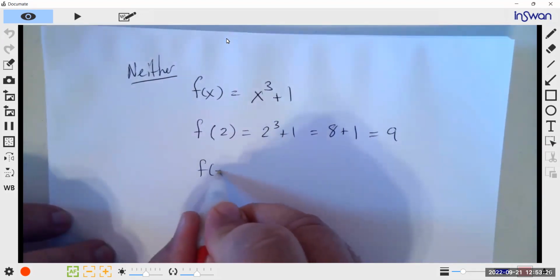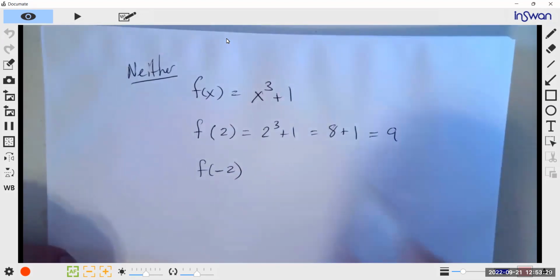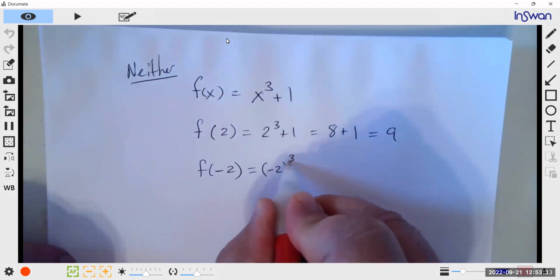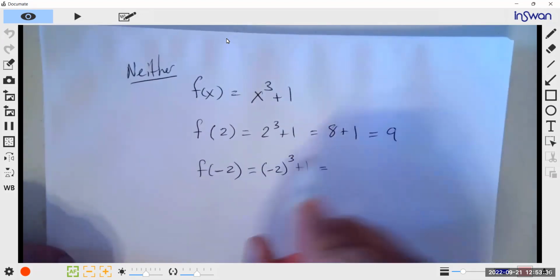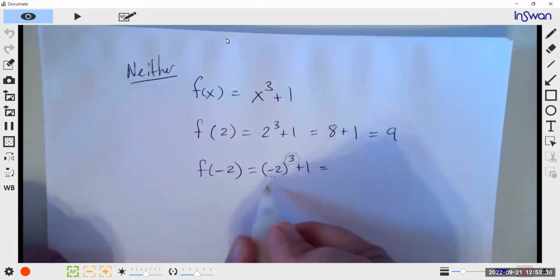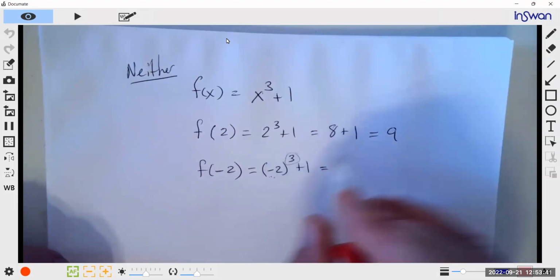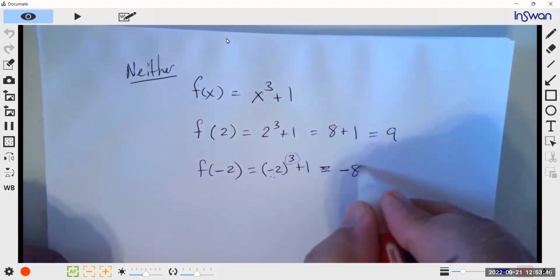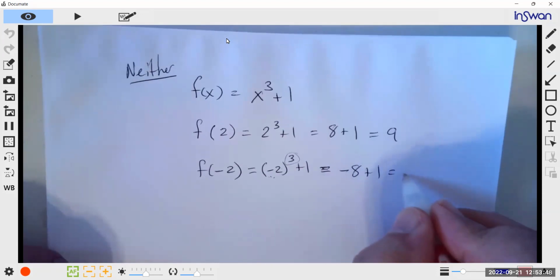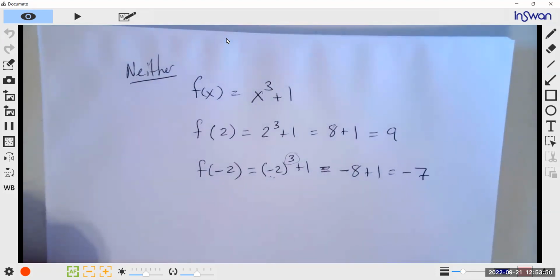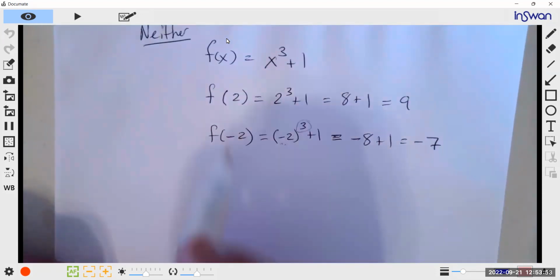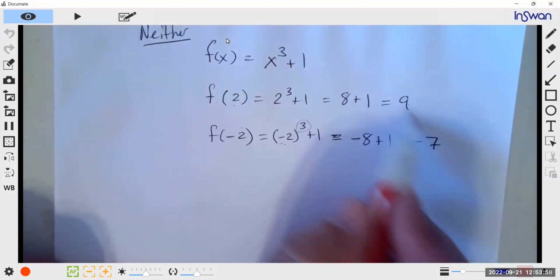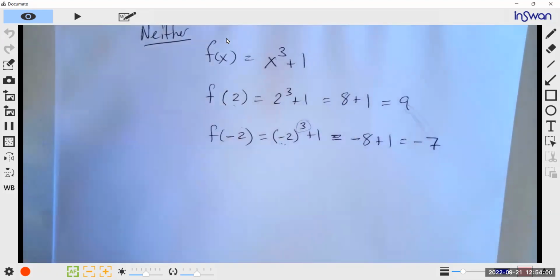What happens if we put in a negative 2 inside there? So negative 2 cubed plus 1. Negative 2, negative 2, negative 2 has 3 negatives, so the answer is negative. 2 times 2 times 2 is 8, plus 1 is negative 7. So when x changes from positive to negative, y didn't change in a consistent way, you can't say anything about the y's. So that's what a neither is.